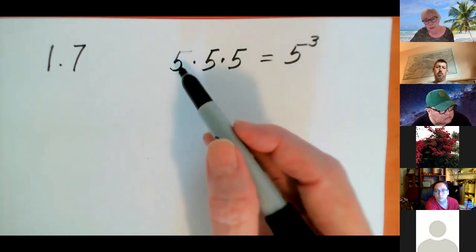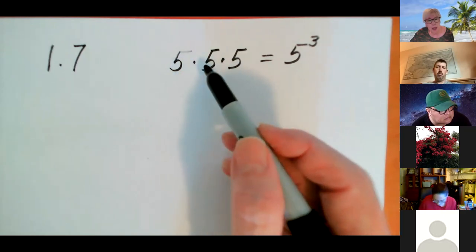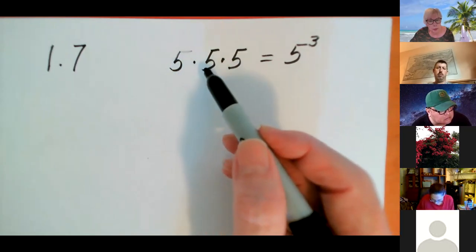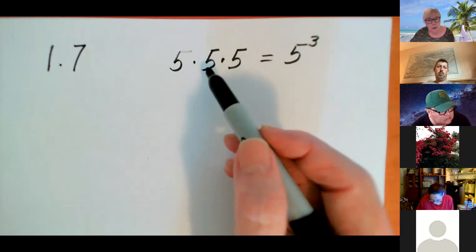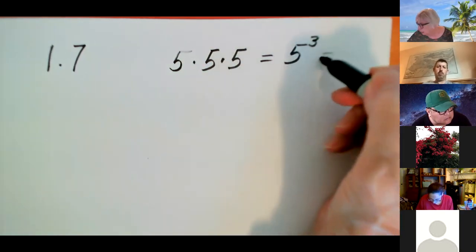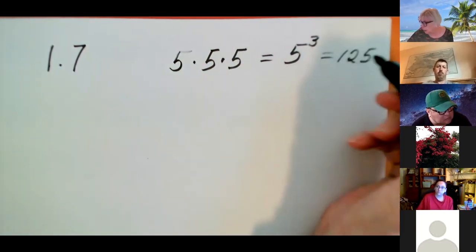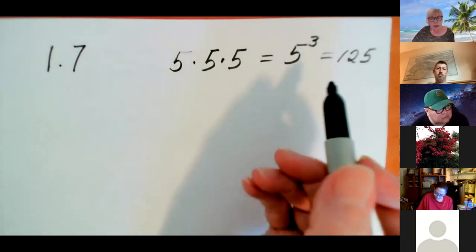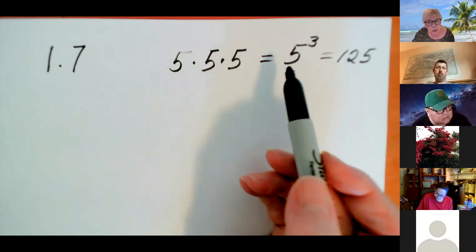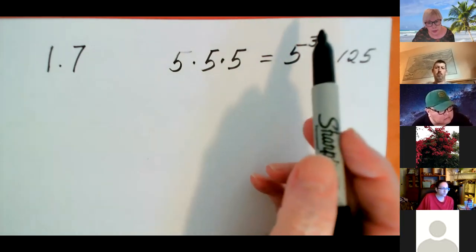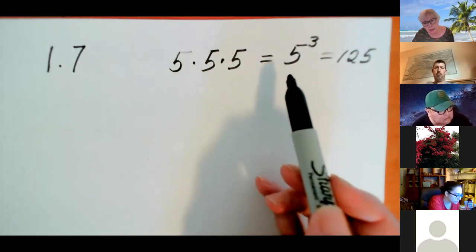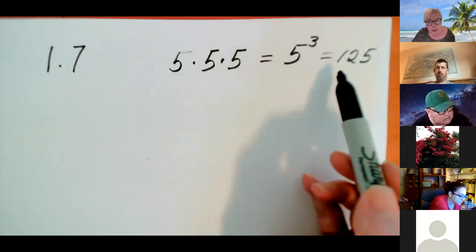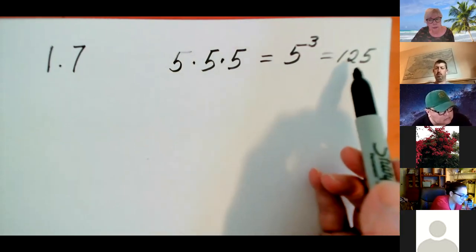So again, remember, with 3 numbers, you would multiply 2 of them. 5 times 5 is 25. And 25 times 5 happens to be 125. So that's how it would land if you went ahead with it. If they asked for exponential form, they wanted this. They wanted to see what it looked like as an exponent. If they actually wanted the value, then it would have been 125.